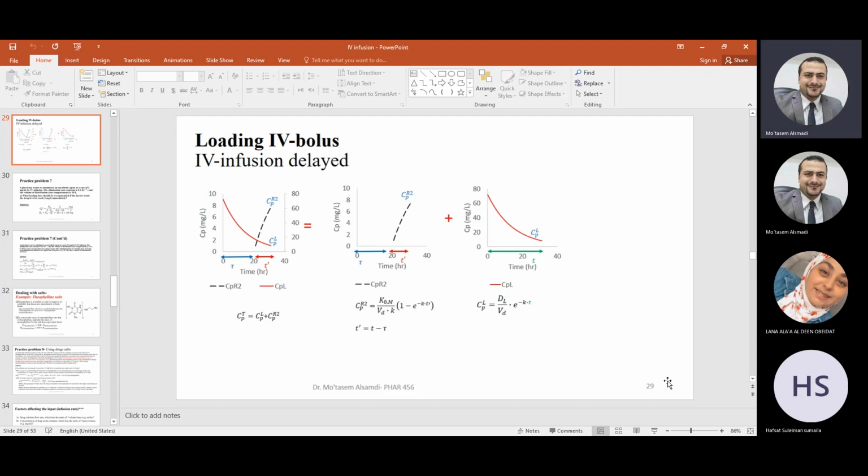So if I have given this alone, and then after complete washout, I give this one alone, then I ask you what happens if I combine them together. It's the same thing that we have done here. We divide these 2 inputs into 2 graphs, one for each input, we solve each input separately, and then at the end, we add them.